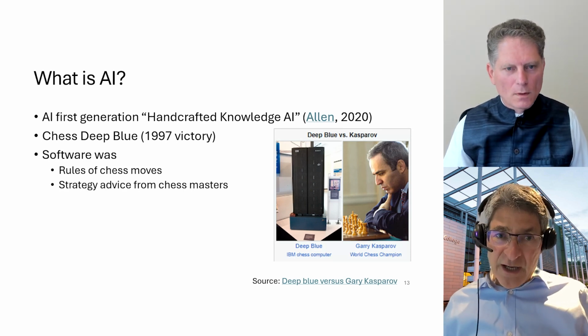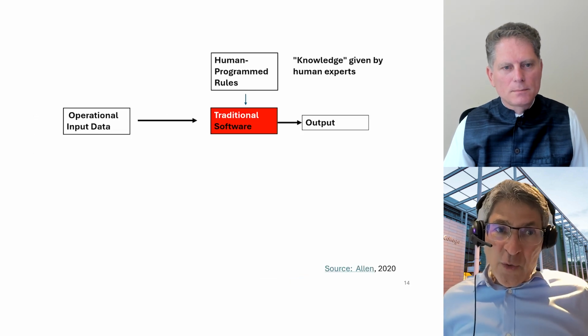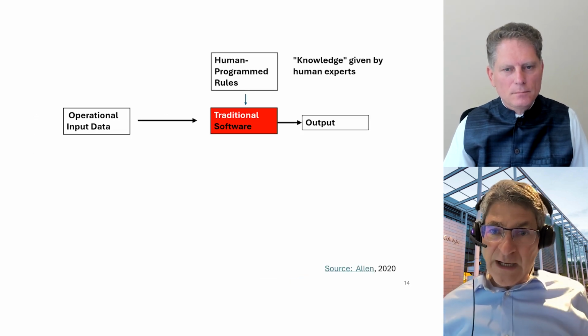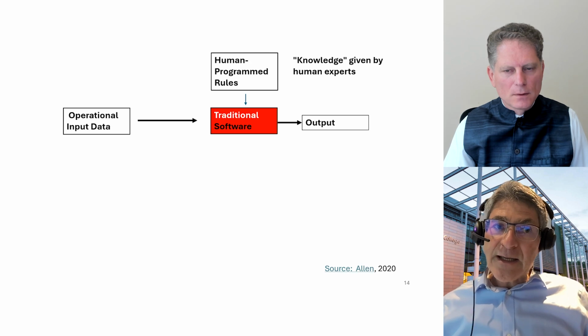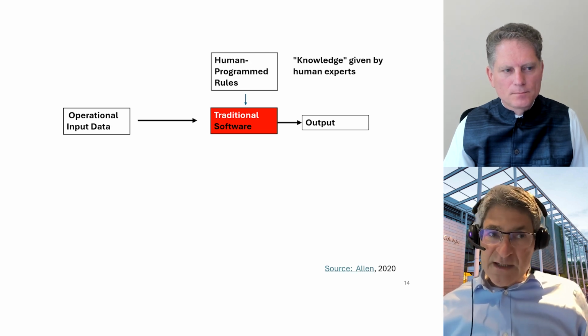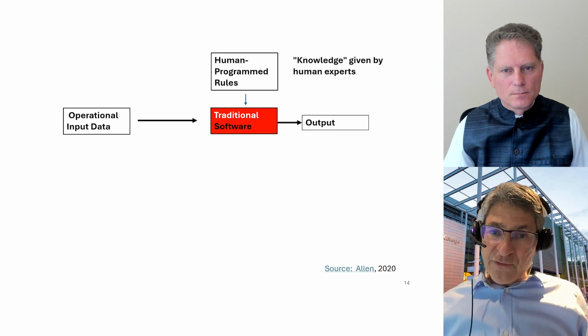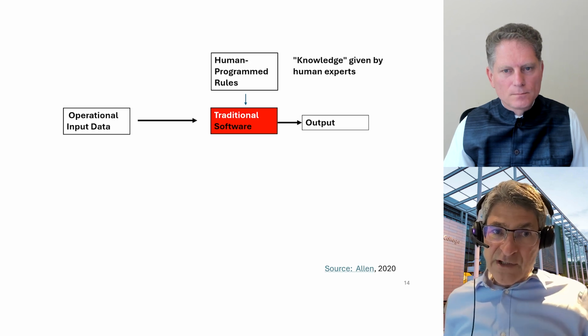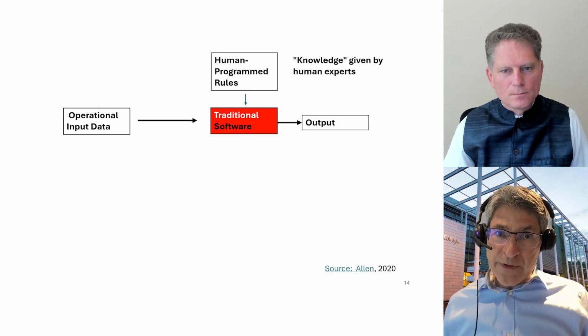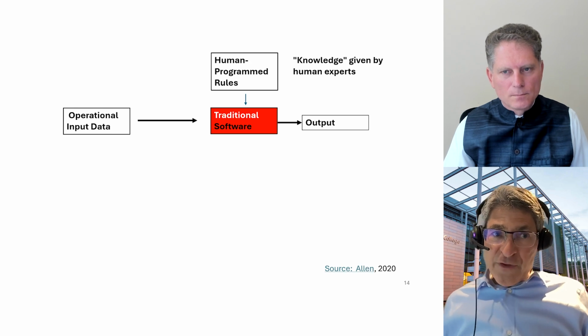And that leads to the way of thinking about traditional software, as illustrated here: you have some input data, your opponent's chess move, you have some human-programmed rules in the way that I just described, that gives you traditional software, and that gives you some output. Okay, so that's the first generation.